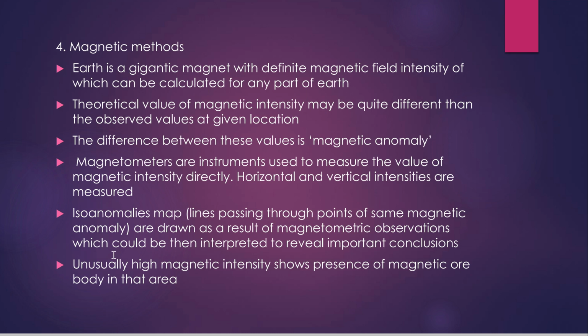Similar to isograms, anomaly maps also show different geological features in an area. For example, unusually high magnetic intensity shows presence of a magnetic ore body in that area.